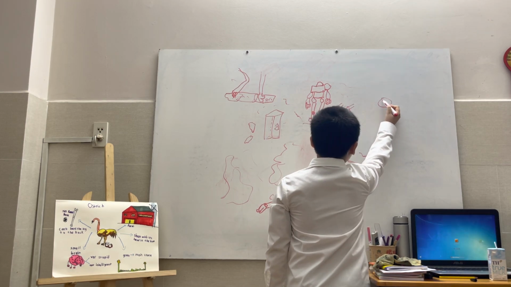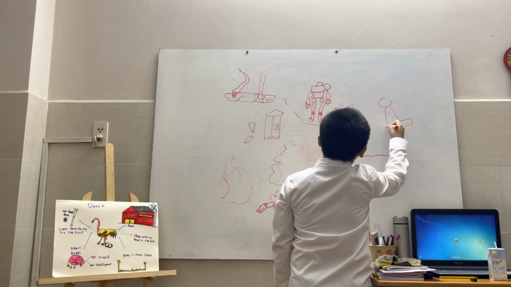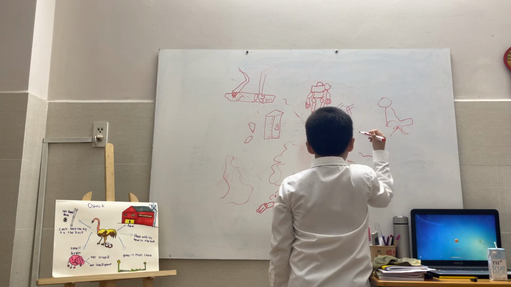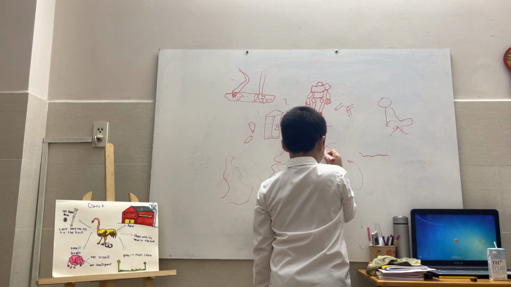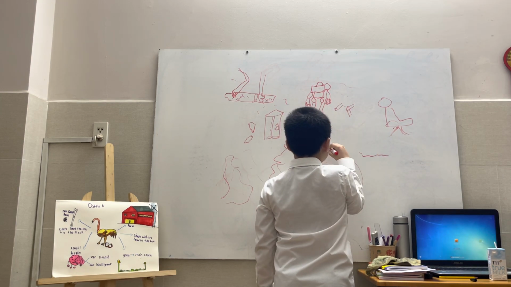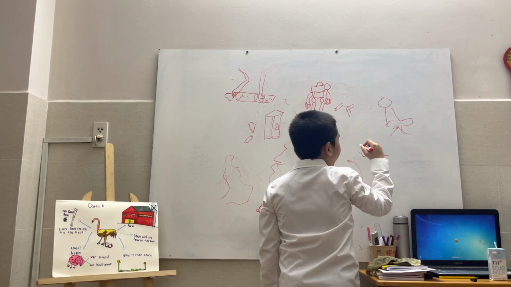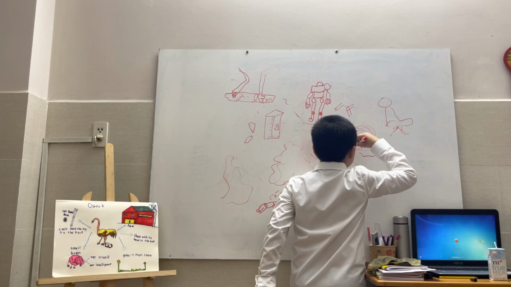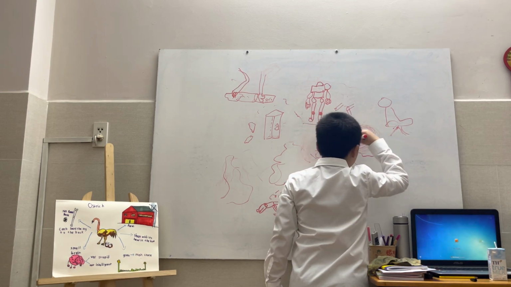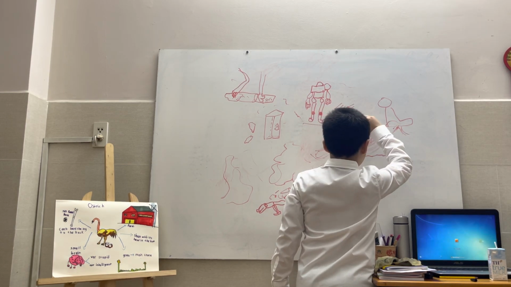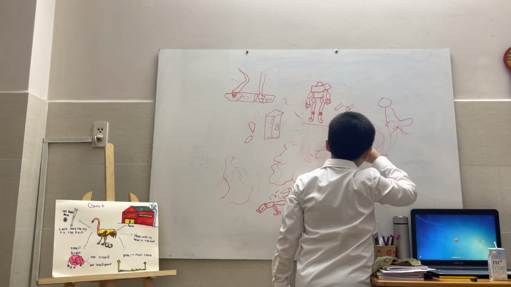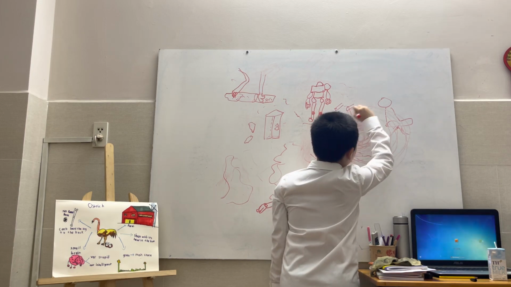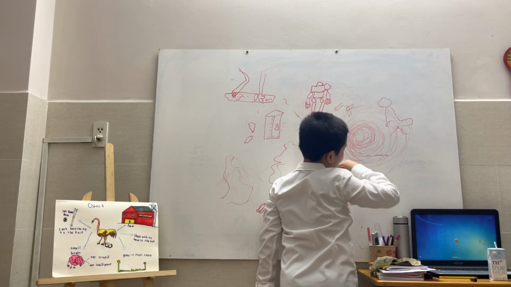But if this ostrich doesn't have a knee bone, can it run very fast? Yes, it can run like lightning, surrounding the hyena. It can run very fast, creating a vortex.